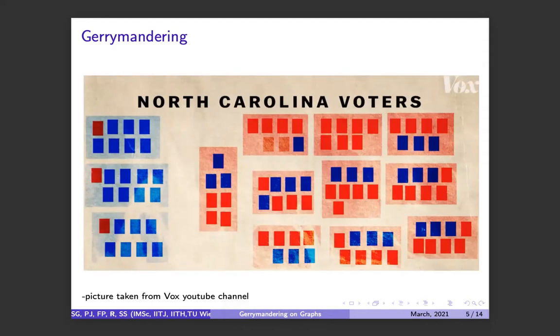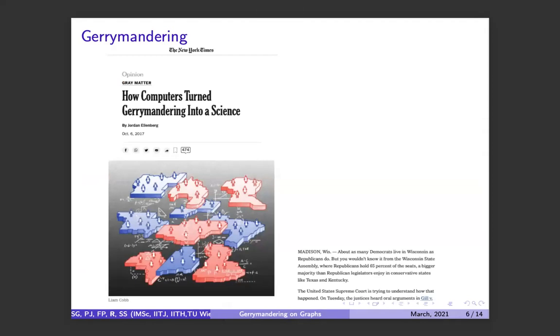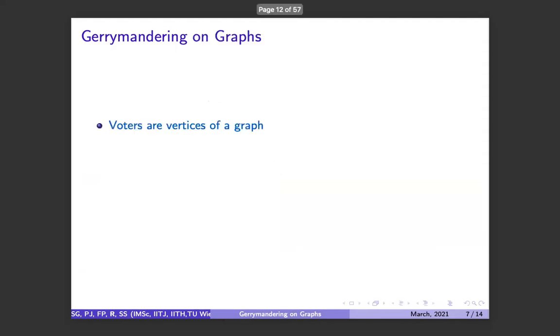To formally study this problem, which has recently gained a lot of attention and has become a very common phenomenon in US elections, the problem that we will be looking at is where the voters are vertices of a graph.